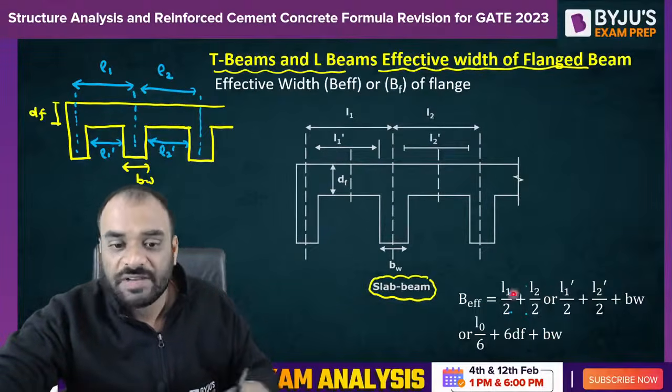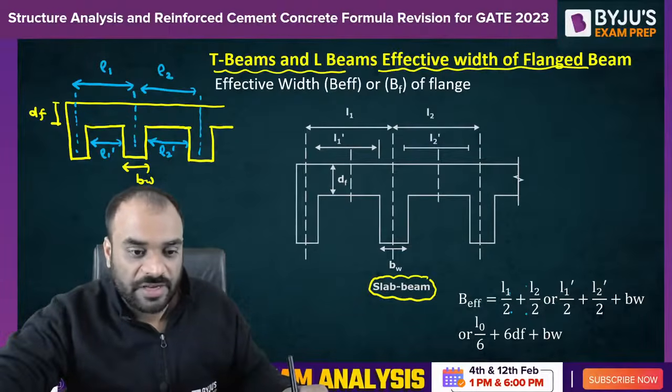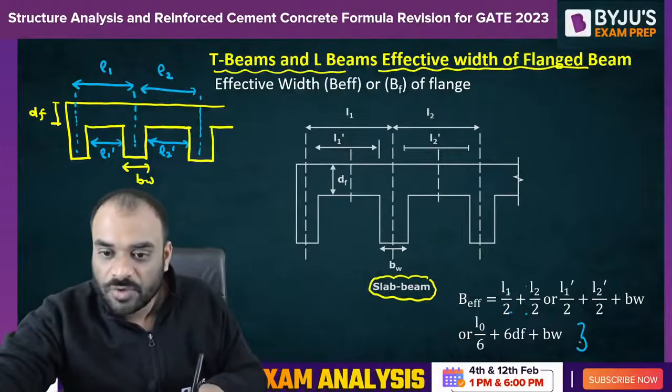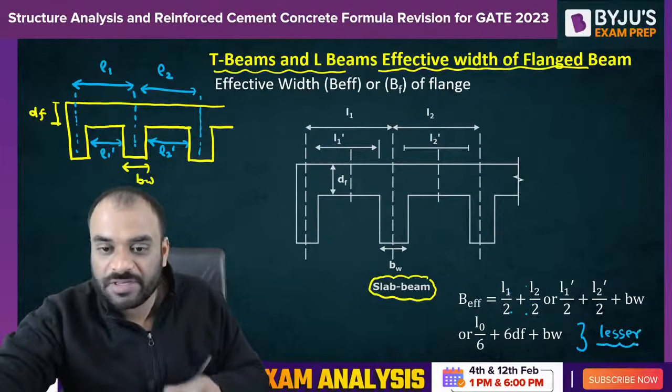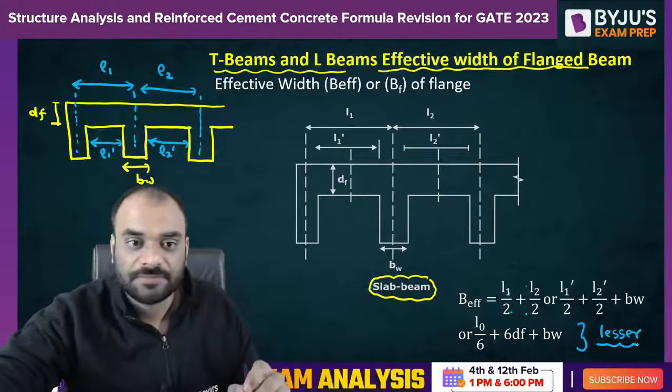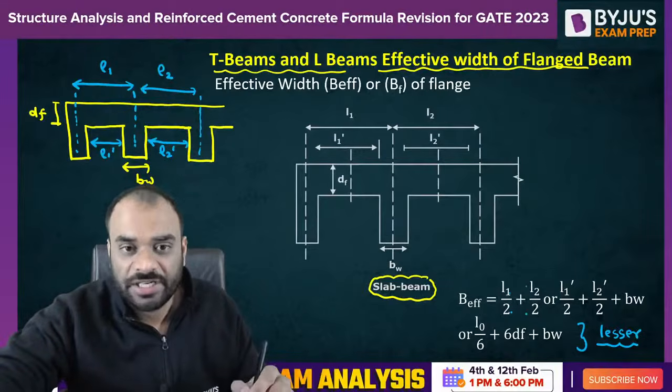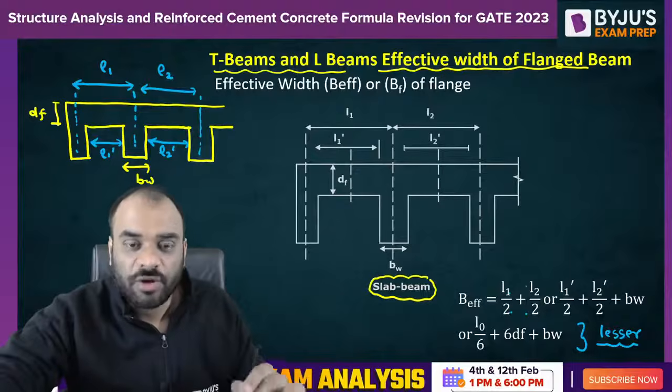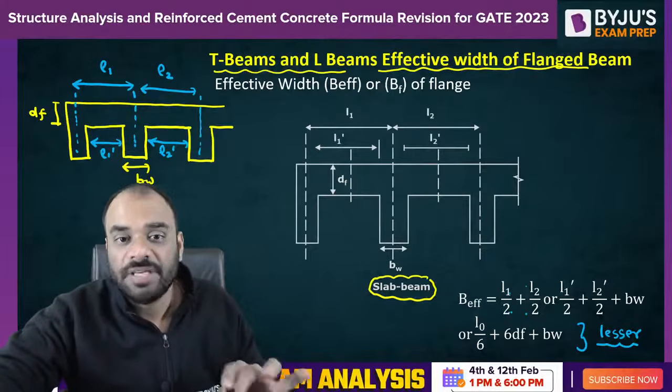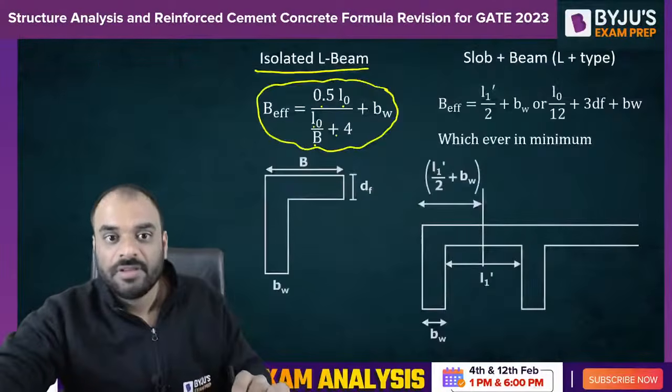Now out of these three values, whichever is minimum, that will be your answer. Clear? So in this way you can calculate the effective flange width for the slab plus beam type, right?